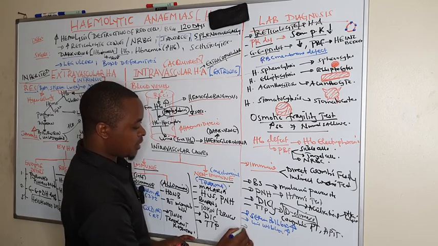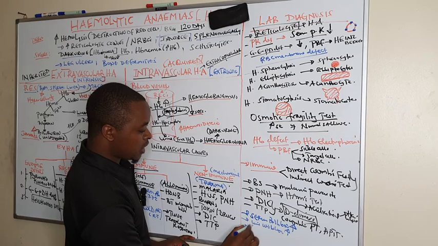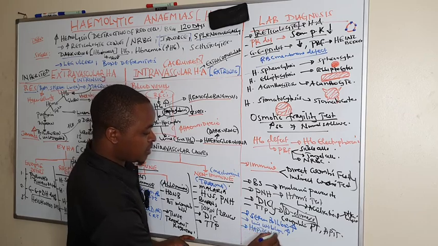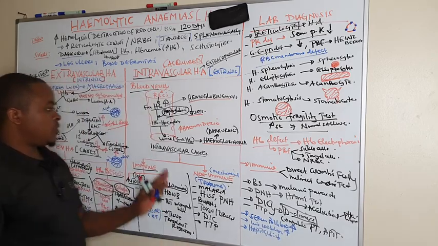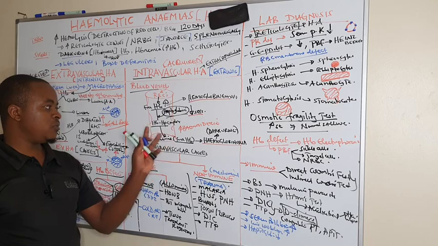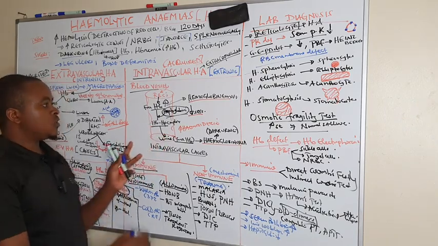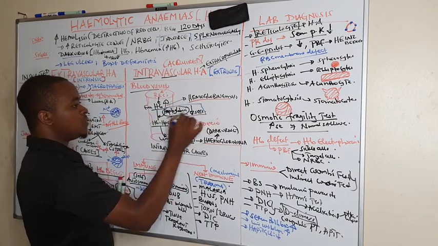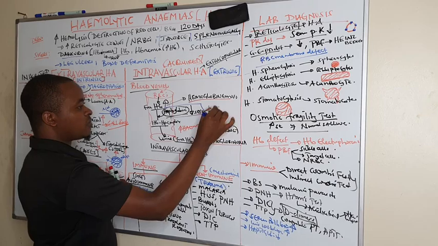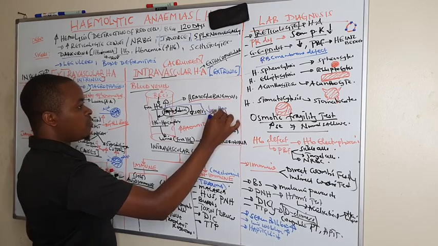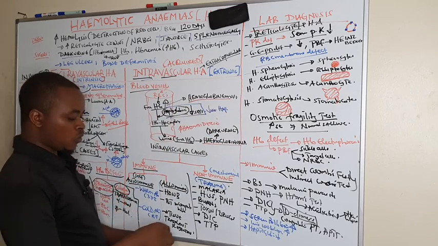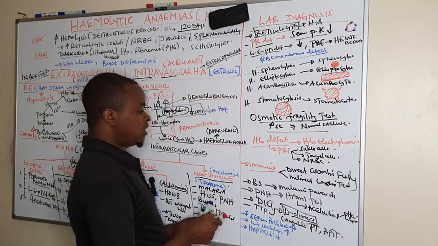We can do another test known as haptoglobin, and we'll find it is low because haptoglobin is used up combining with hemoglobin. So when there are decreased levels of serum haptoglobin, it will confirm intravascular hemolysis.